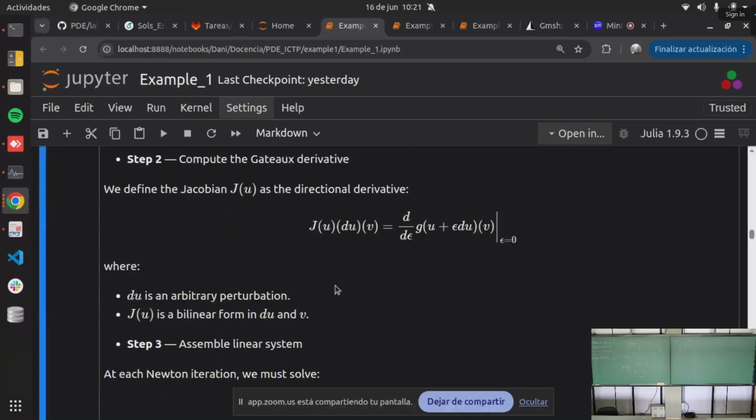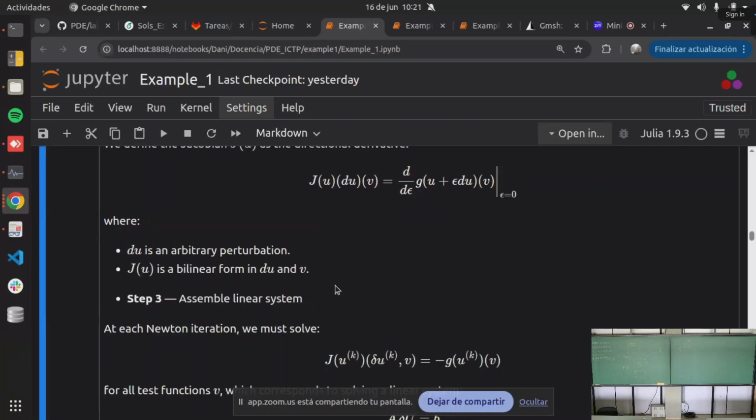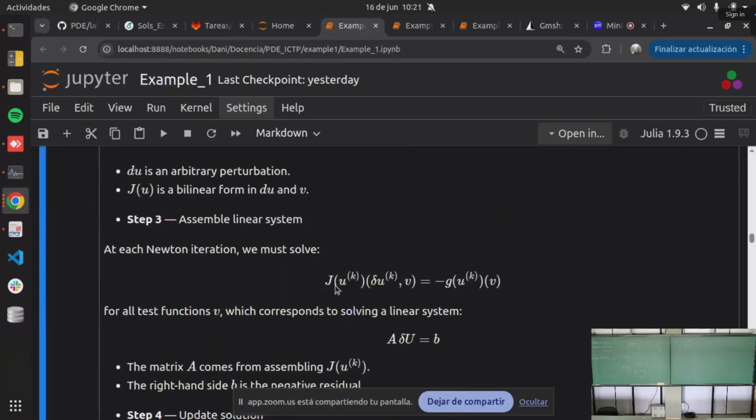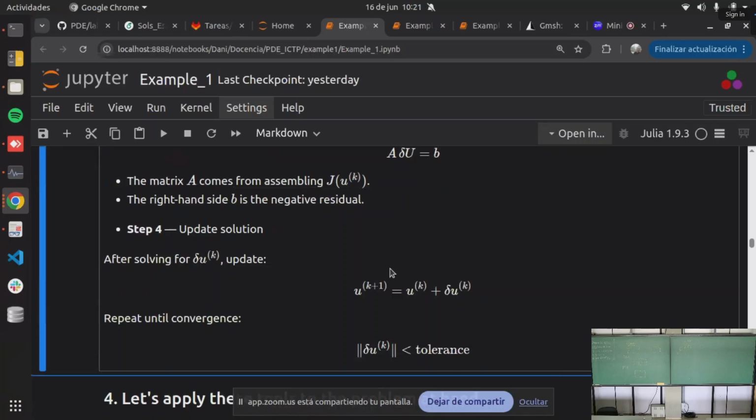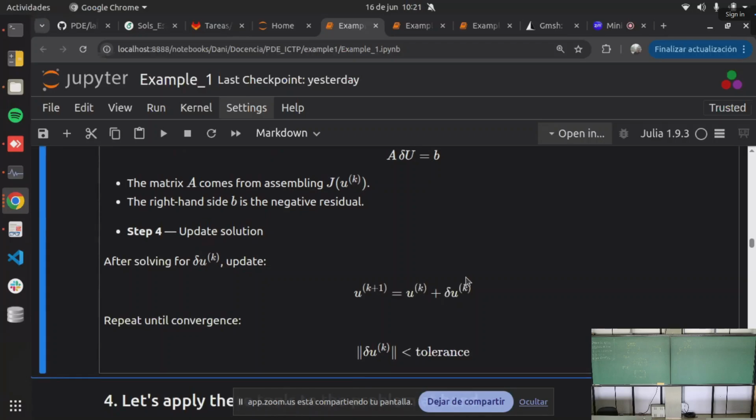And the next step is to assemble the linear system. This will be done by Gridap. So we will be solving a linear system after all. The last step is to update the solution in this way, having now the correction for U, until we converge to a solution.